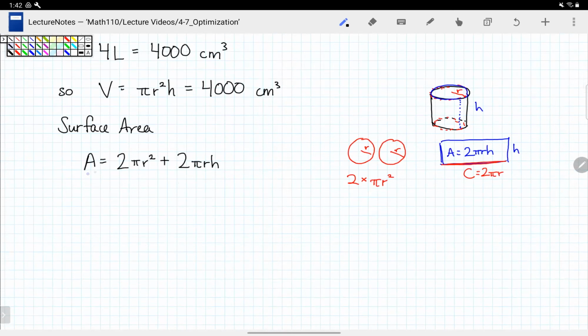Now this area depends on 2 variables, right? I have an r and I have an h. So this is where we use the fact that the volume has to be fixed at 4,000 cubic centimeters.